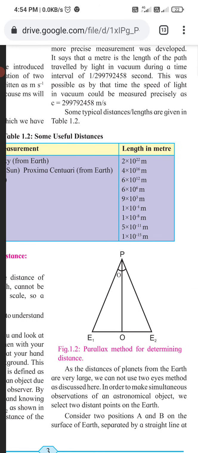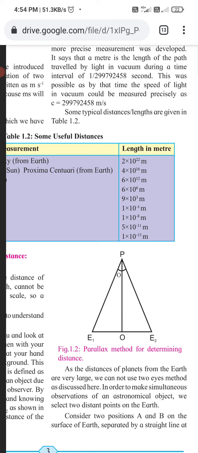See the figure of the parallax method of determining distance. As the distances of planets from the Earth are very large, we cannot use the two-eye method as I discussed here. In order to make simultaneous observation of an astronomical object, we select two distinct points on the Earth.